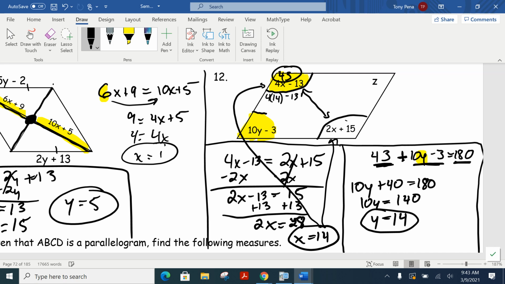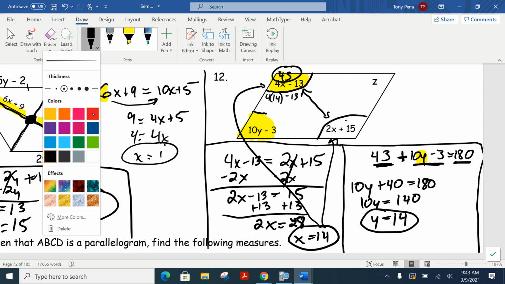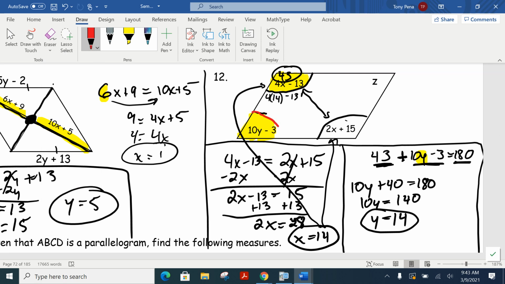So here's what Cam just said. I'll give him a minute to think about it. He said that this angle here should be the same as this angle here, and I completely agree with that thought. But then he said they're both going to be 14. He's doing some calculating right now.